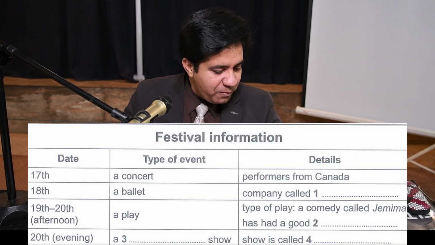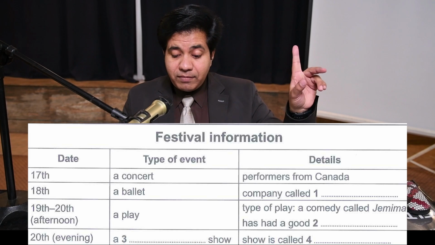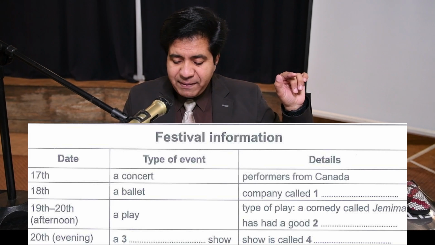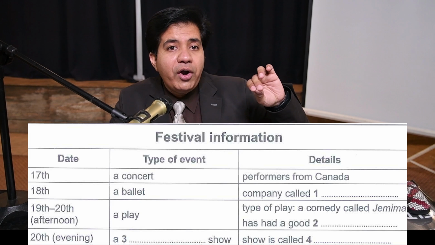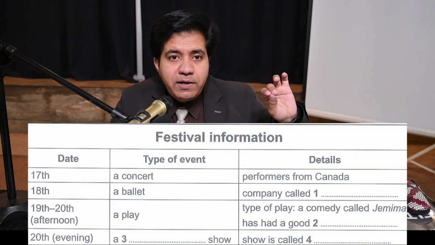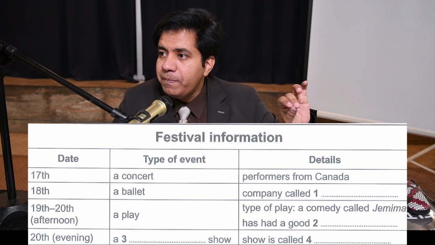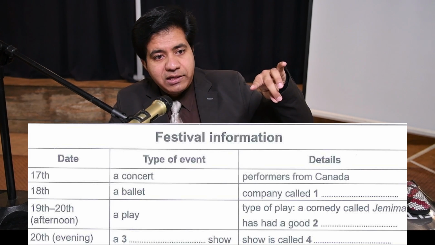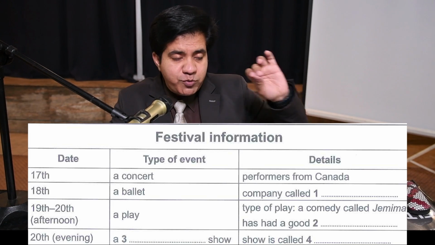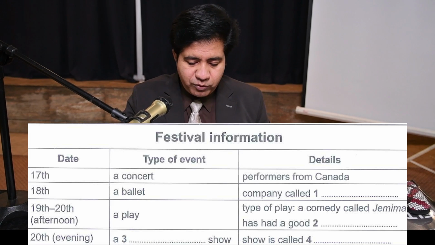Alright, I play the audio. Please follow. Yes, one more thing. Now, I'll play the audio for question number 3 and question number 4. Show is called means the name of the show. So now we will do question number 3 and question number 4 together, right? Yeah, it will start from 20th evening and then both questions.